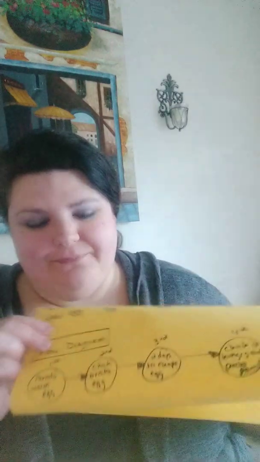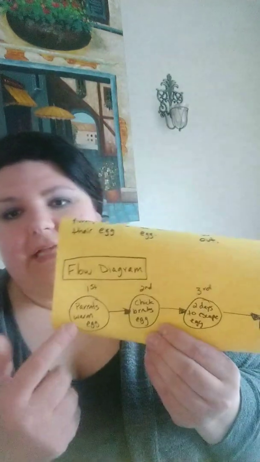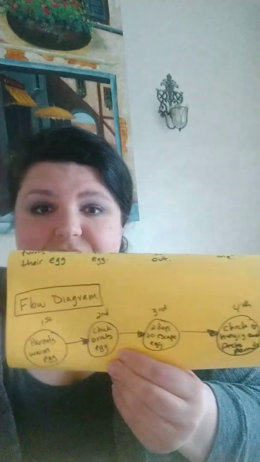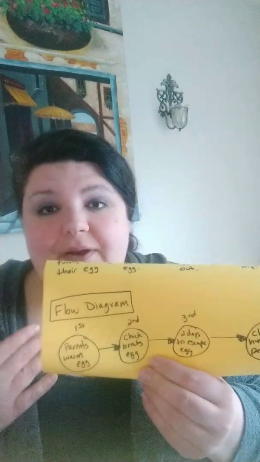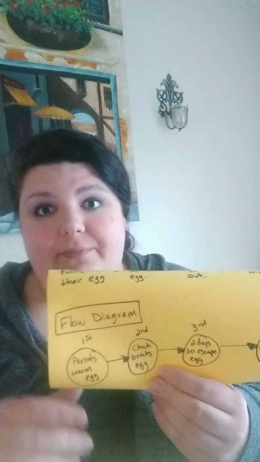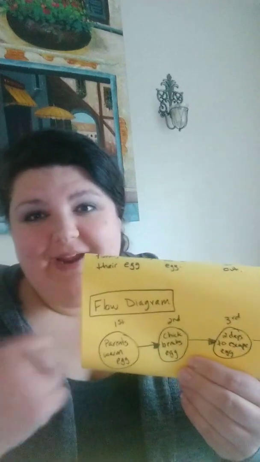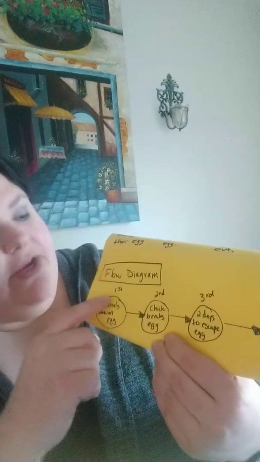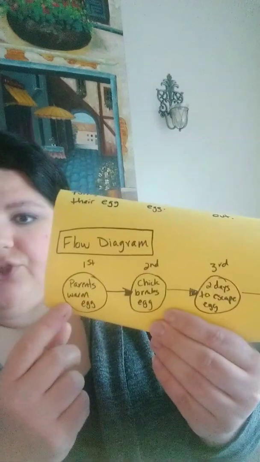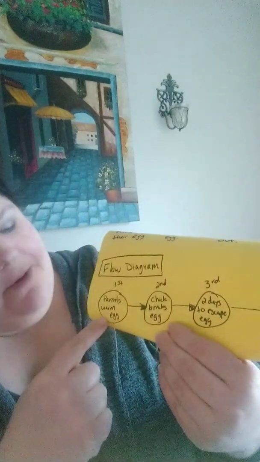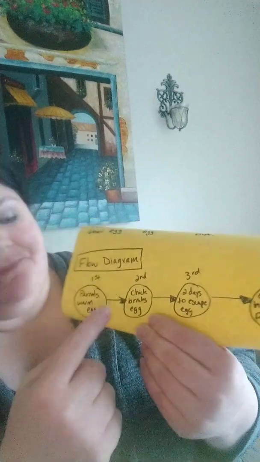Here's one tip though. Mrs. Talon, what I did is I drew the circle first, and then I had to squeeze my writing in. I tend to write a little larger, so I learned from my mistake. I need to do my writing, then circle it in. So you might have to see how that works for you. So I use the same info, it's just a little shortened. In my first circle, I put parents warm egg.